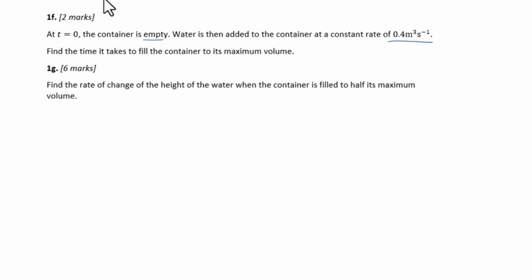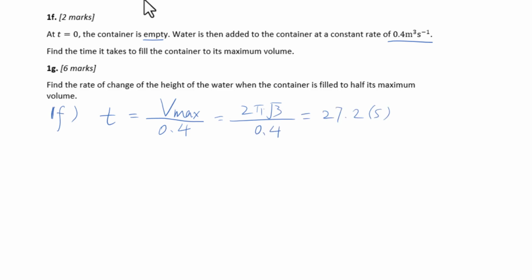Find the time it takes to fill the container to its maximum volume. T equals maximum volume over this rate, 0.4. So it equals 2 pi square root of 3 over 0.4, which equals 27.2 seconds.